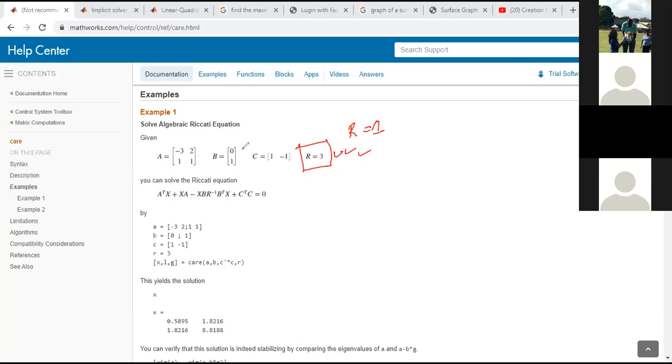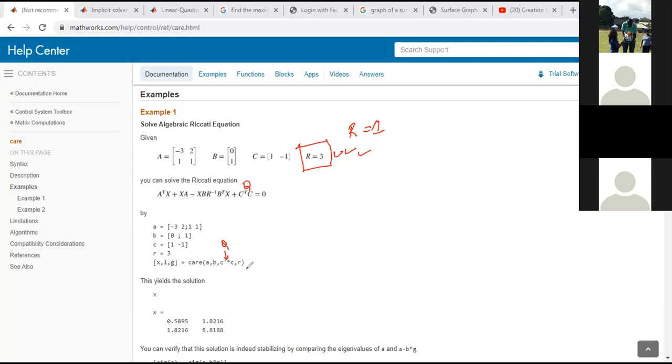So you have A, you have B, and we say you need C transpose times C to get my Q. As you can see, they list out the system, list out the LQR call with A, B, C transpose times C, which is Q, and R, which they list as 3.